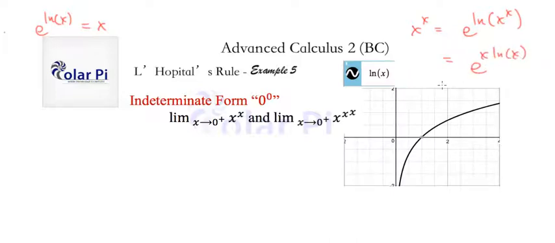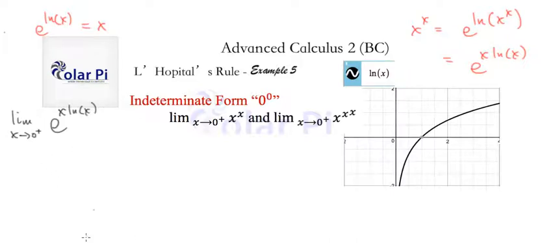So that allows us to rewrite our question as the limit as x goes to 0 from the right, and I should add, no pun intended, of e to the x times ln of x.